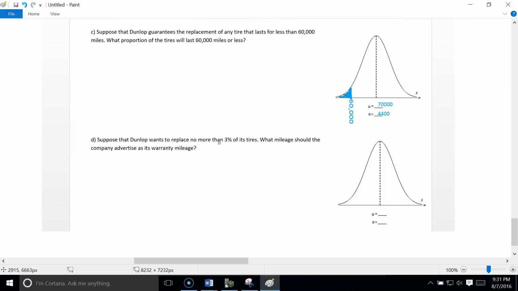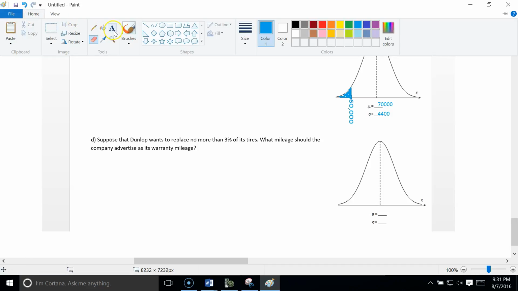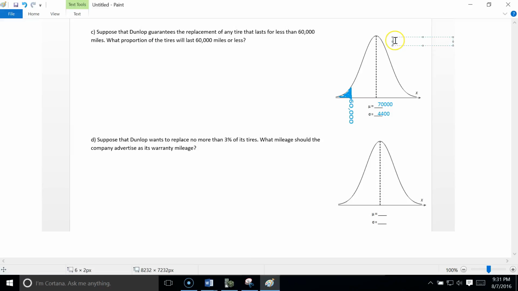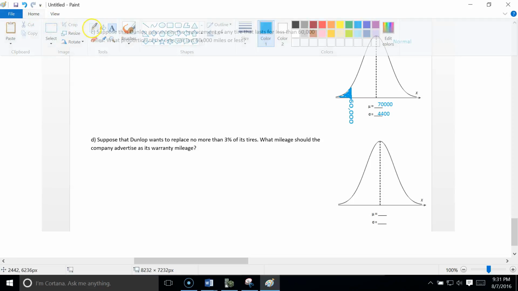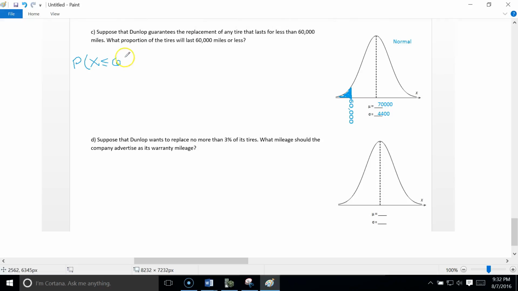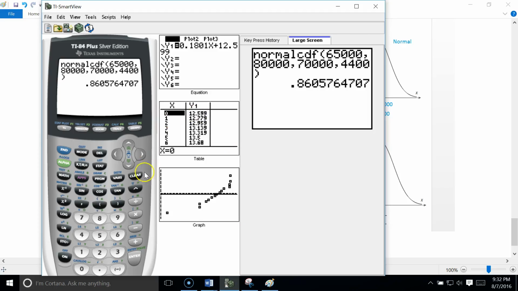Okay, so this is also a normal distribution. So let's label it. It's normal. And so now let's write down our probability statement. Okay, so now let's go to our calculator.